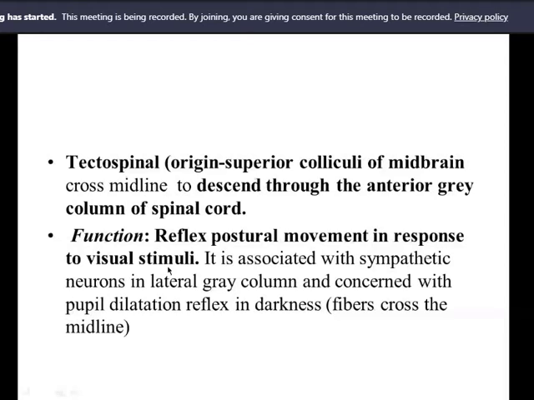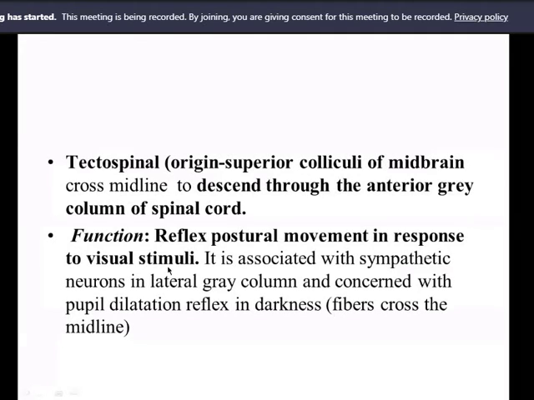When you learn about the accommodation reflex and the light reflex, you will see... I think you have already done the light reflex and the accommodation reflex, isn't it? In practical, have you done?